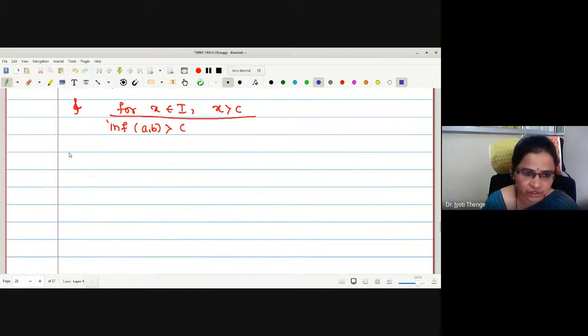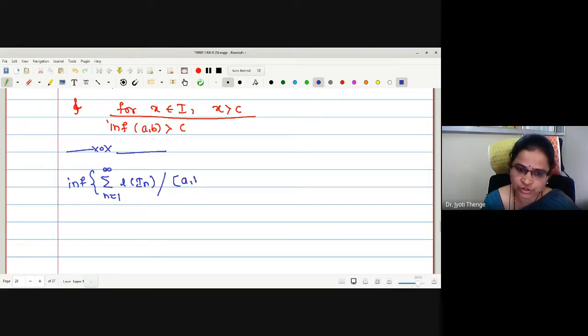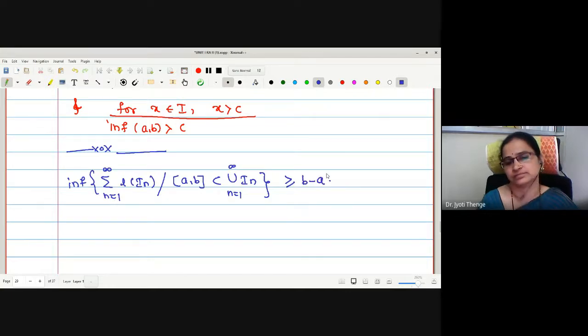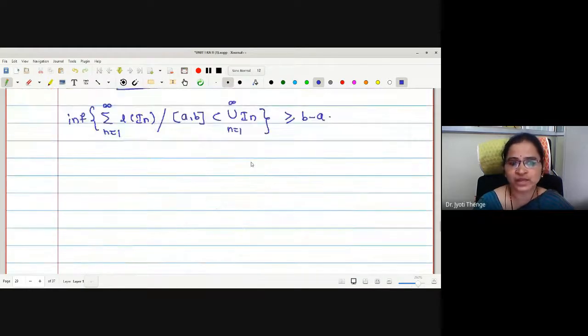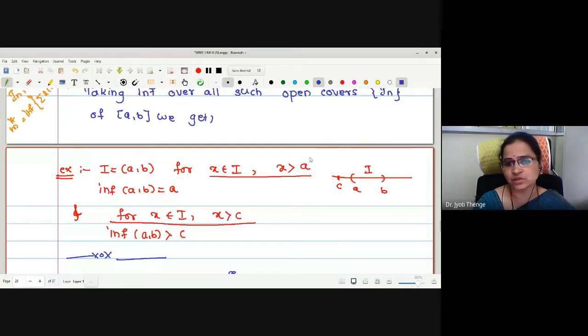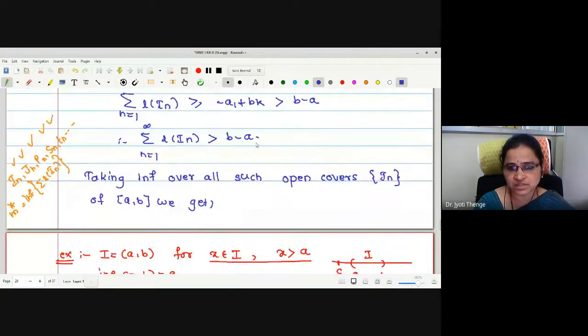Now I'll continue. The infimum of the summation of lengths of I_n, n running from 1 to infinity, such that the closed interval a b is contained in the union of I_n, is greater or equal to b minus a. Though every element in the set is strictly greater than b minus a, one has to write the infimum is greater or equal to b minus a. Why is it so? Because this works as the lower bound.